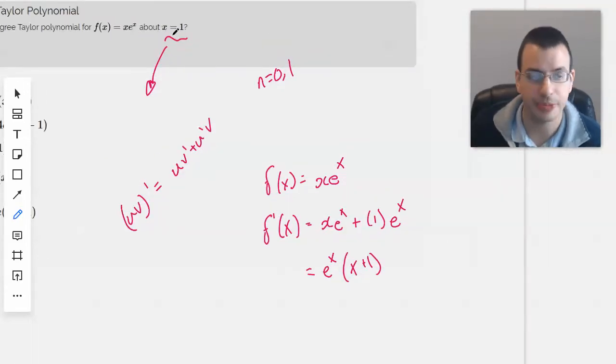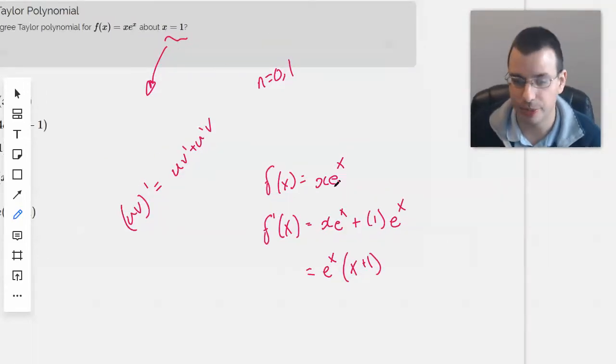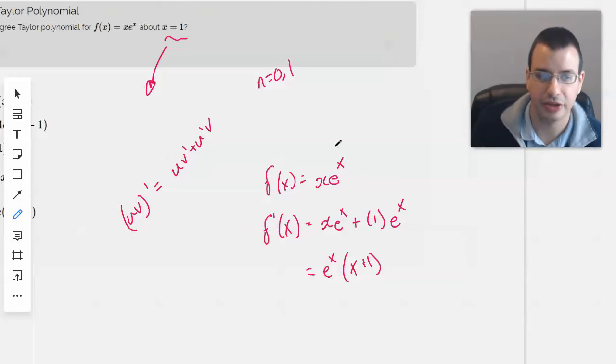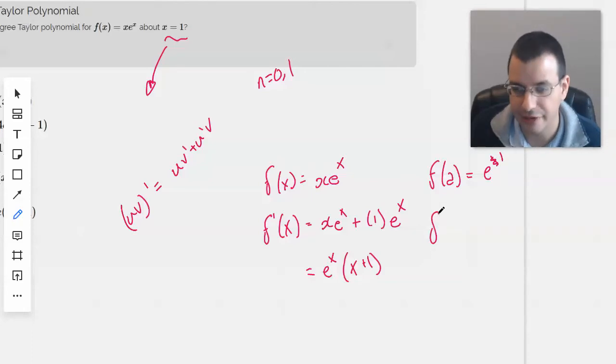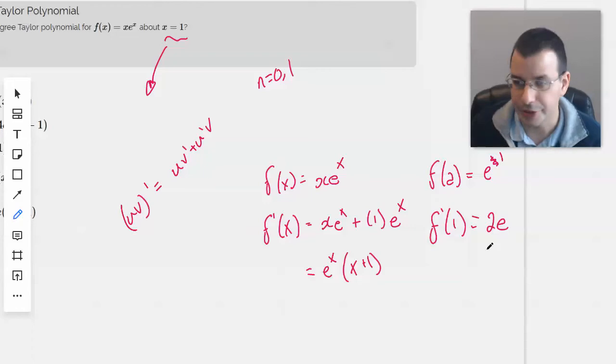Then it's about x equals 1, so we want to plug in. So a for our Taylor series is 1, so f of a is f of 1, which is e to the first. f prime of 1 is 2, 1 plus 1, e to the first.